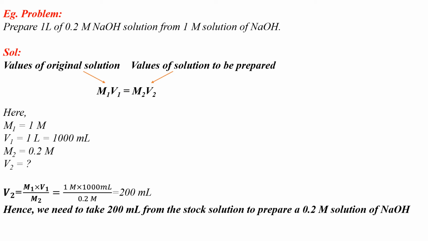M1 is 1 molar into V1, which is 1000 ml, divided by 0.2 molar. So you get 200 ml. So we need to take 200 ml from the original stock solution. That is, you need to take out 200 ml from the flask containing 1 molar solution of NaOH in order to prepare a 1 liter solution of 0.2 molar NaOH.